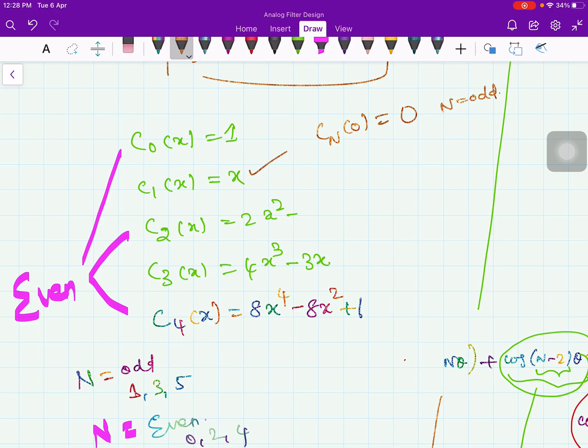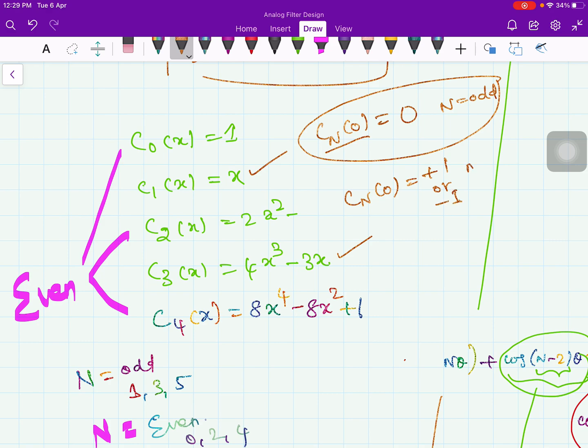In this case it becomes 0 and here also it becomes 0, because Cn of x is an odd polynomial for capital N odd. So this point you have to remember. And Cn of 0 is equal to either plus 1 or minus 1 if n is even.